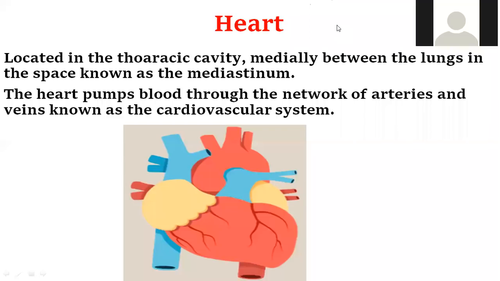It has the right side and the left side, the right and left atria, the right and left ventricles. And you remember the blood vessels that are associated with it: the aorta, the inferior vena cava, the superior vena cava, and the likes.